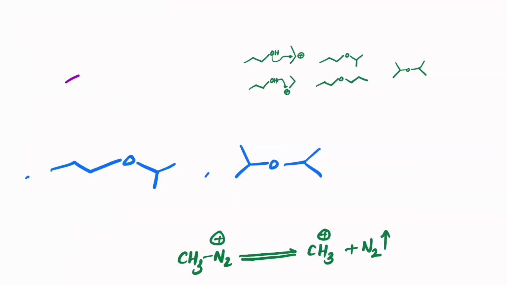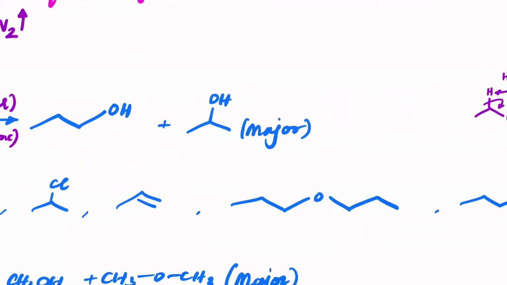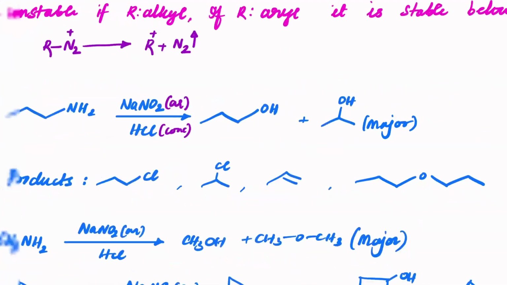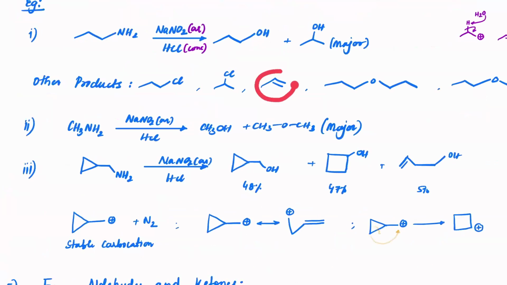If you have a positive charge here and hydrogen here, H2O can attack, remove this H plus, and push it here to make a double bond. So that's how you can get alkene formation also. Clear? And the alkene will form only to a very small extent.